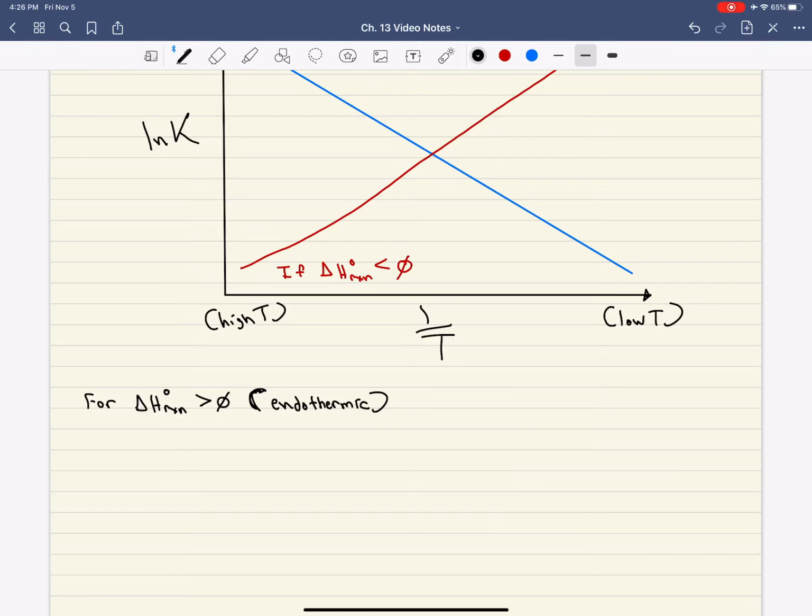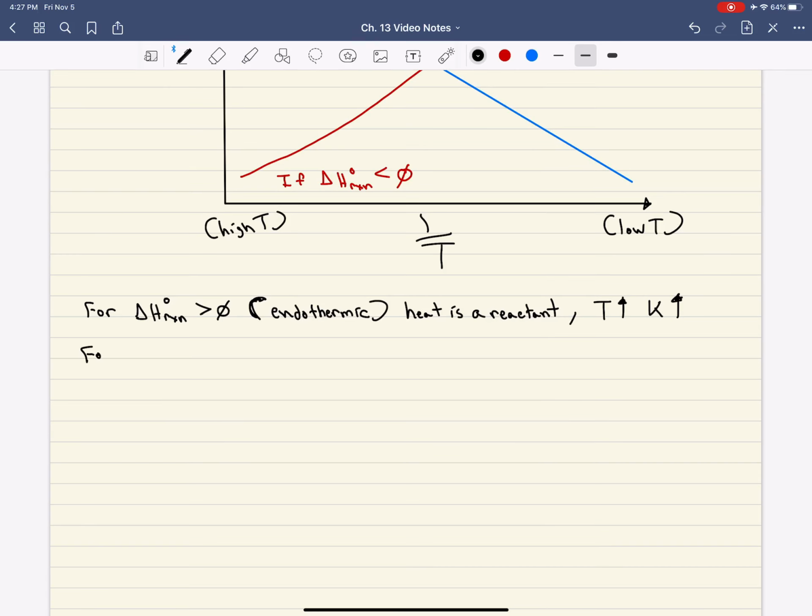And so if delta H reaction is positive, then for our system, heat is actually treated as a reactant. When we increase temperature, you can think of it as increasing heat. Since heat is a reactant, the more heat we add, the more product we're going to get.